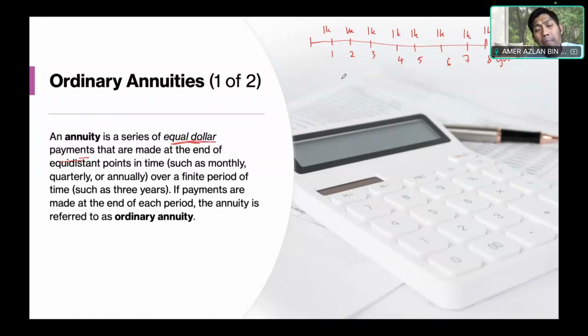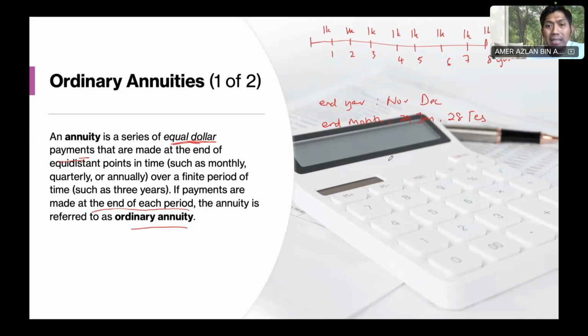Now, if you save $1,000 consistently at the end of every year, sometime in November or December, for example, or if you save the money at the end of every month, let's say the end of January, maybe the 29th of January or the 28th of February, so if the payments are made at the end of each period, either month or year, then the annuity is called an ordinary annuity.